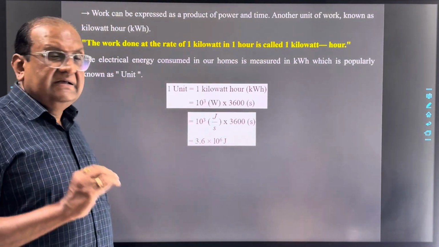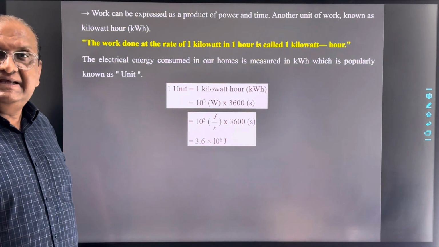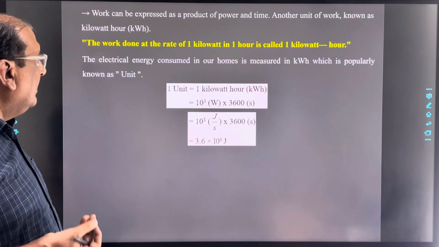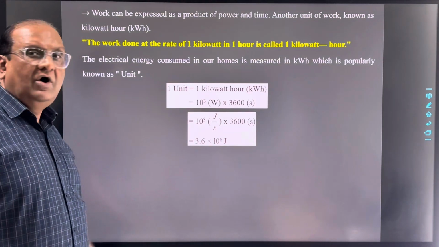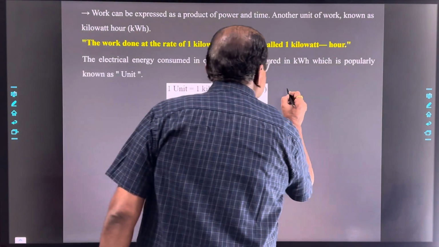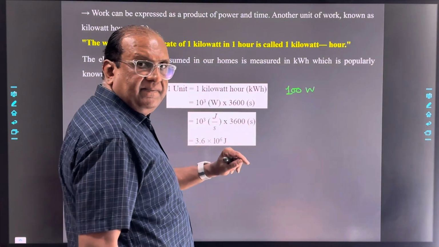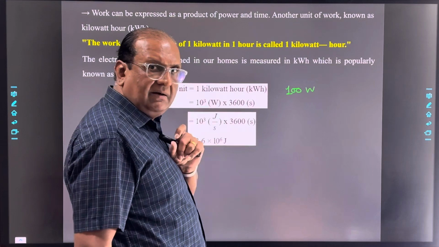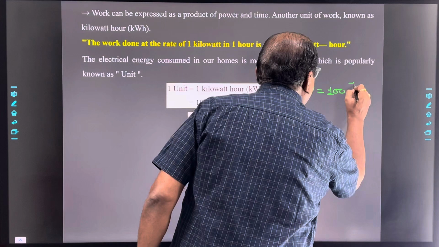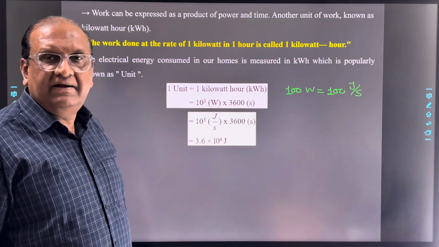See here, suppose we think about the bulb in your house, right? And suppose that particular bulb is of 100 watt. If this rating is given on the bulb, then if you switch on the bulb, it will consume 100 joule of electrical energy per second.